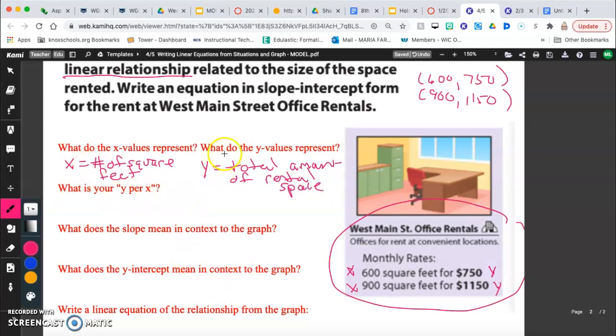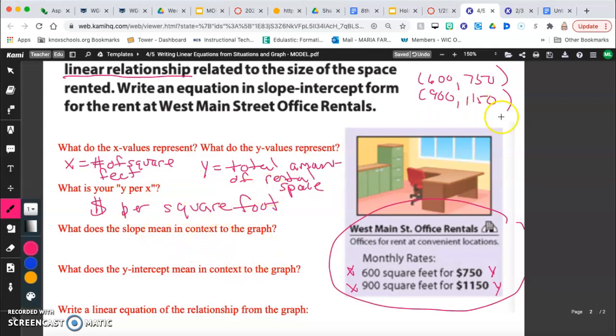So the y per x, once you determine what the x and y value is here, it's just figuring out the y over the x. If we're talking about the total amount for the rental space as our y, the number of square feet, y per x tells me that I'm trying to figure out what is the money per square foot. That's what our slope is going to interpret to.